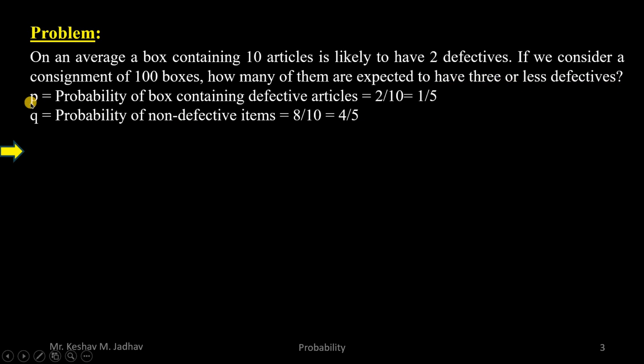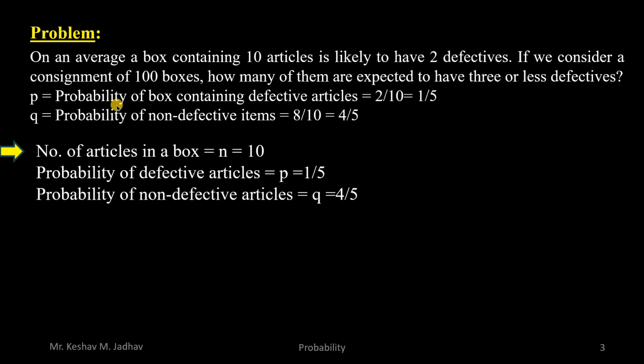It is given that p, the probability of a box containing defective articles, is equal to 2 by 10, which is equal to 1 by 5. And q, the probability of non-defective items, is equal to 8 divided by 10, which is equal to 4 by 5. Here we have to calculate the probability.